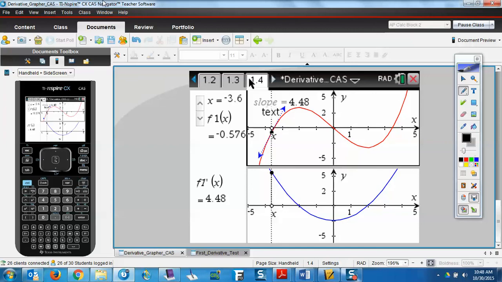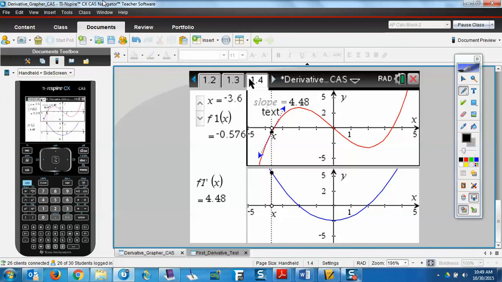Is that a local maximum right now? I'm talking about this point right here. F prime is what right there? There'll be several things you could say. Positive. F prime is positive. When I say f prime, I'm talking about the y value, right? I'm talking about the output. Right there, the y value is positive.